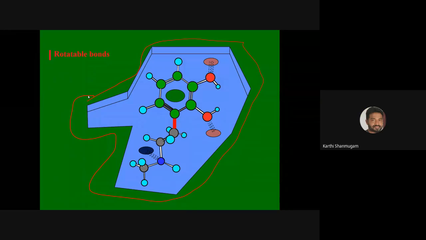Yes, sir. So one of the major disadvantages of going for oversimplification is that whenever we do oversimplification, the molecule may lack selectivity. Is it understandable?